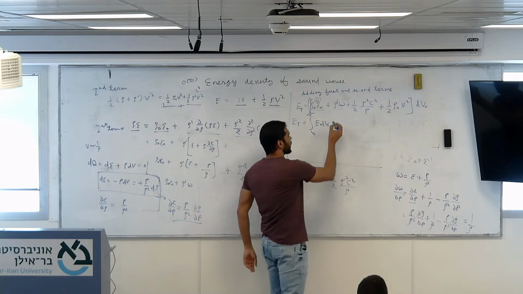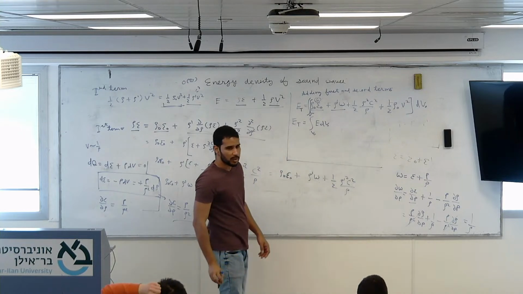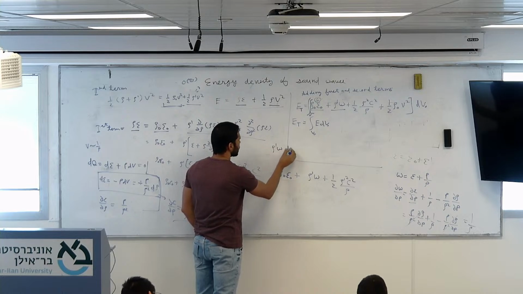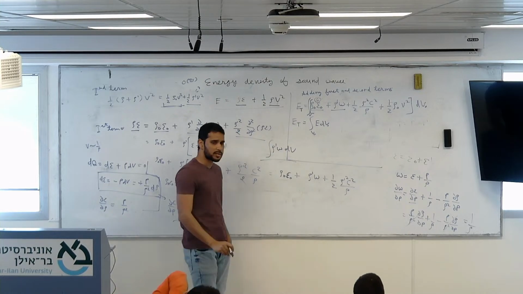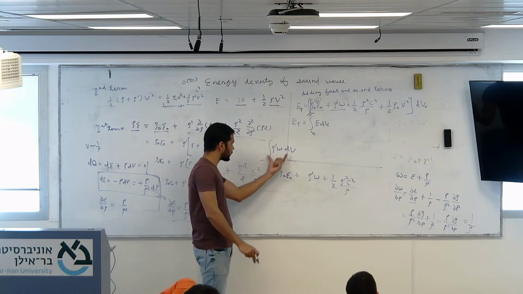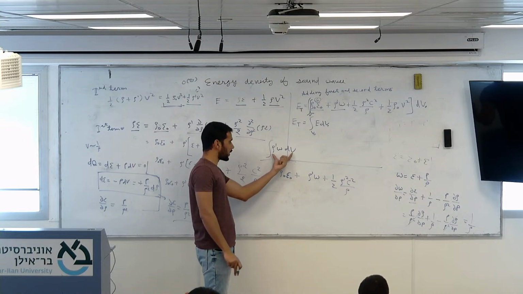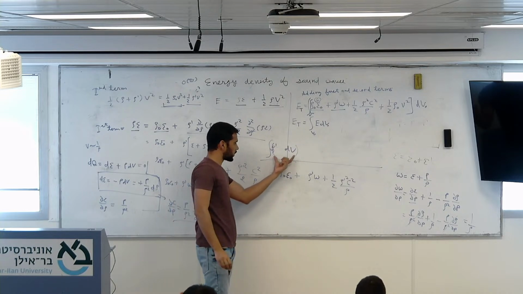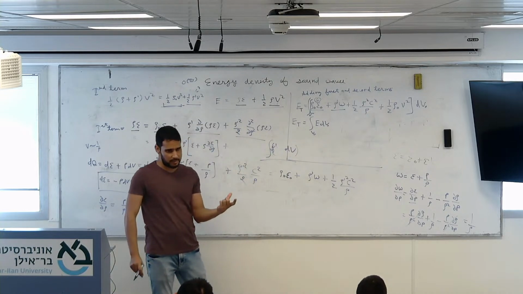If you look at the second term, rho prime, when you integrate, what is the integration of rho prime over dV? It's mass.